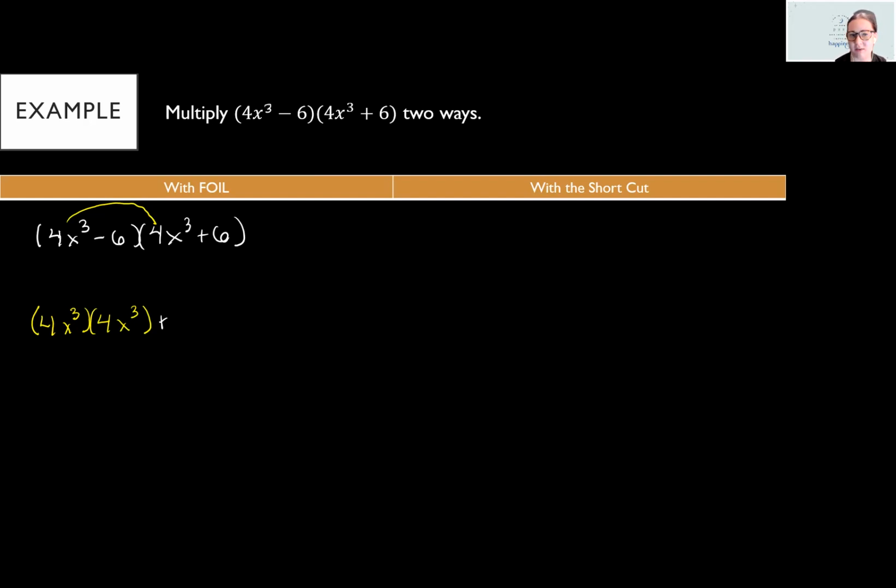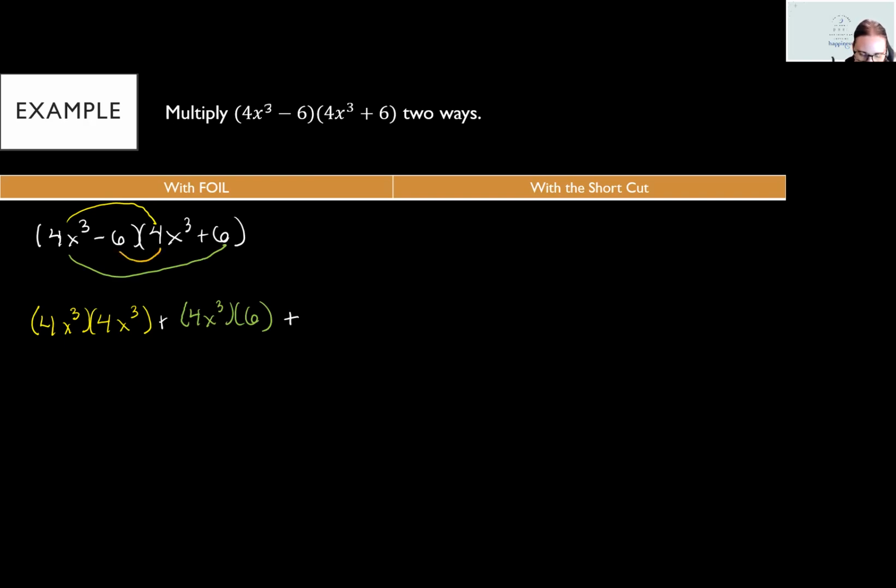So I'm going to just write this one down because it is a little more complicated with that x cubed, that people are more likely to make mistakes here. So then we're going to multiply the outside. That's going to be 4x cubed times 6. And this is definitely going to move into my right side with the shortcut, but that's okay.